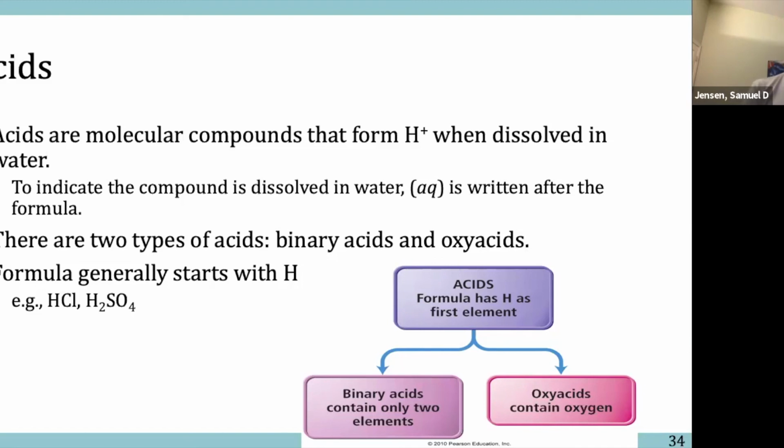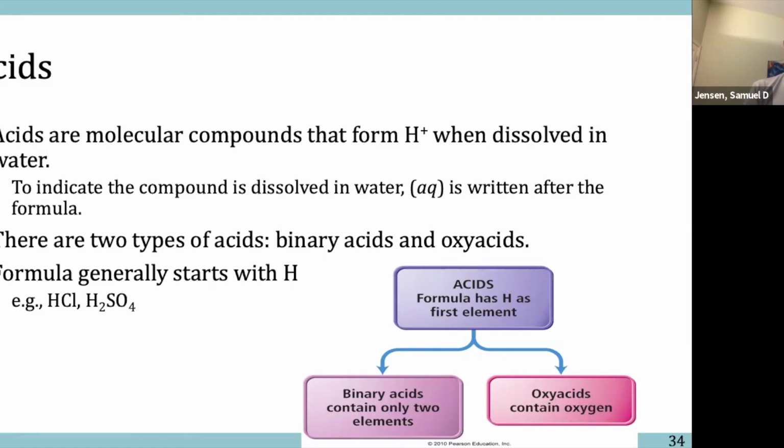So it is called a proton donor when an atom donates it. So molecules that start with H, at least in general chemistry, are probably a good giveaway that it is an acid.